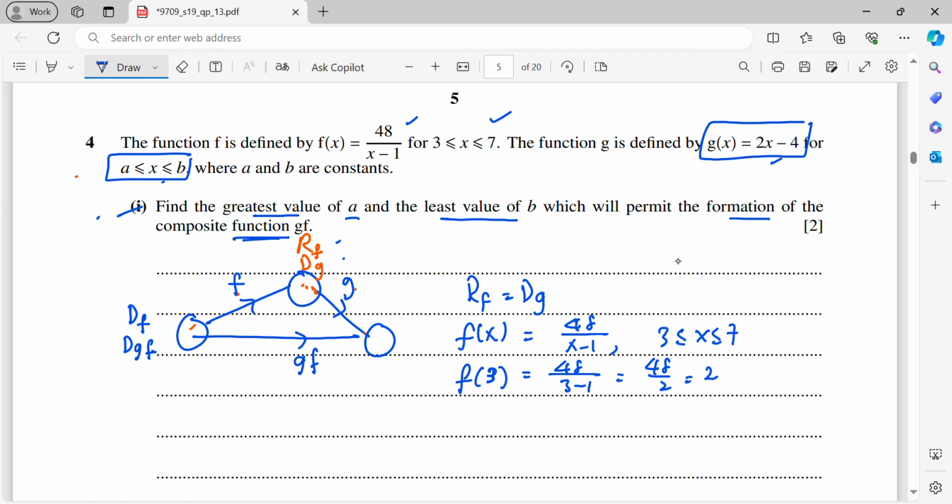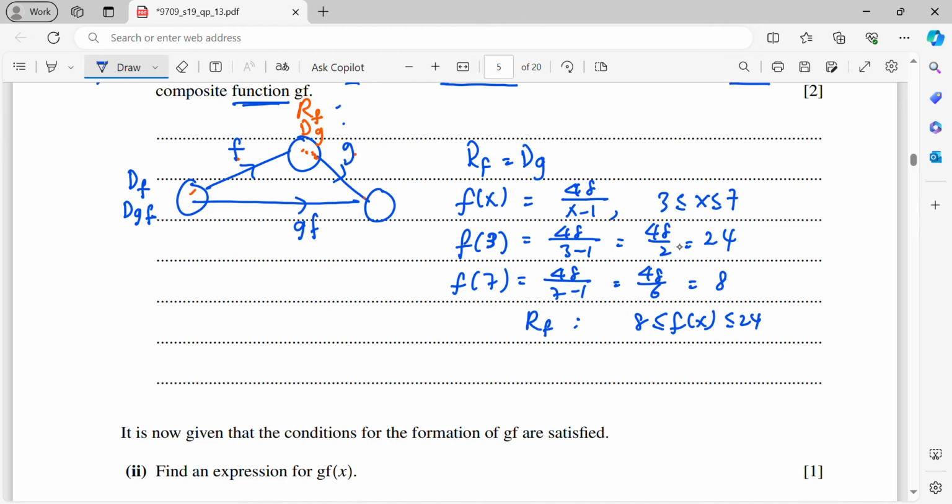Then I'm getting 24. And then f(7), that is 48 over 7 minus 1, which is 48 over 6. Then I will get 8.